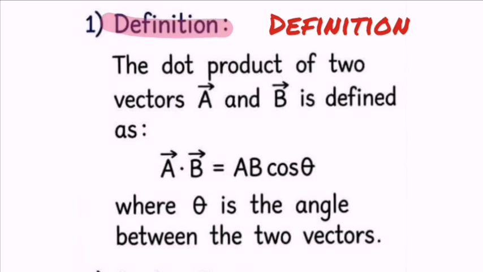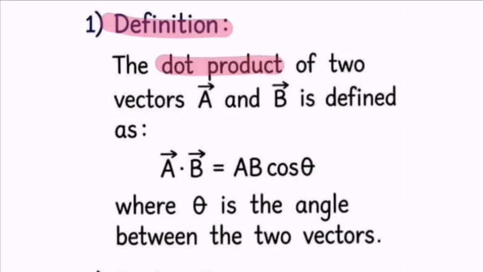Definition: the dot product of two vectors A and B, defined as A dot B, is equal to magnitude A multiplied by magnitude B multiplied by cos theta, where theta is the angle between two vectors A and B.